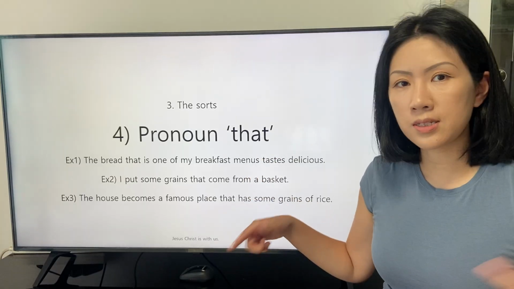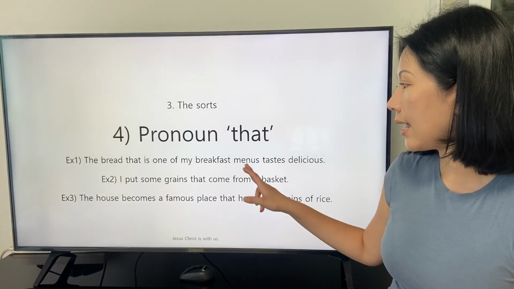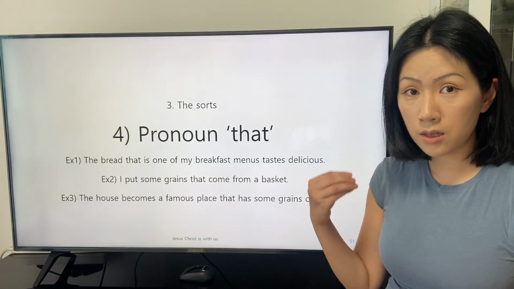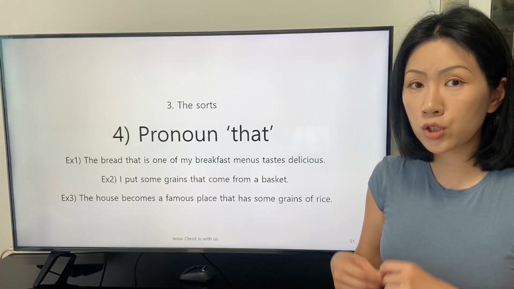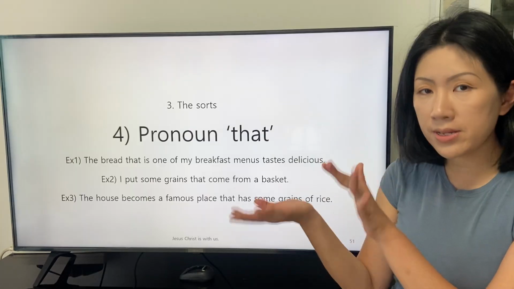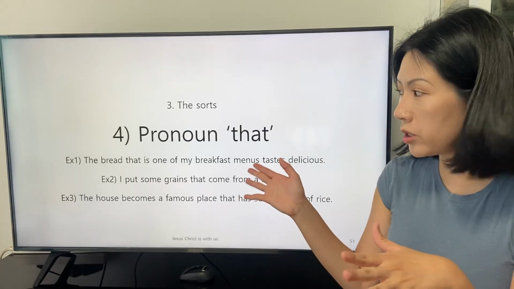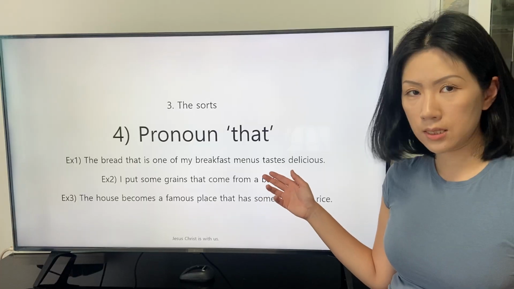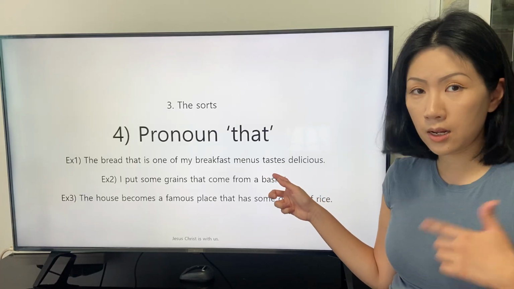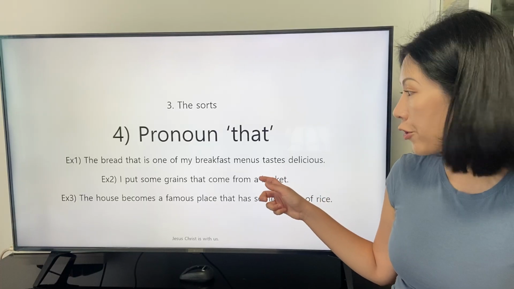The subordinate clause is completely stated, and we can find that the verb of the main clause to describe the precedent and the subordinate clause is the intransitive verb taste.